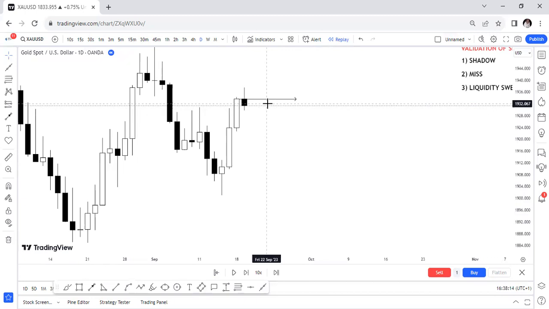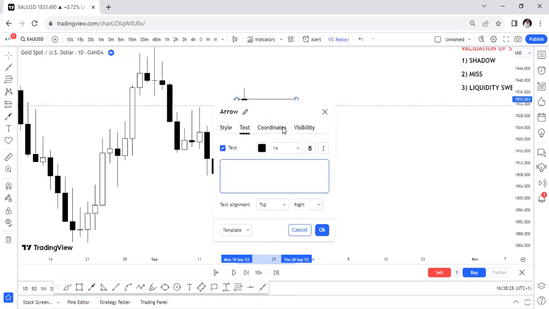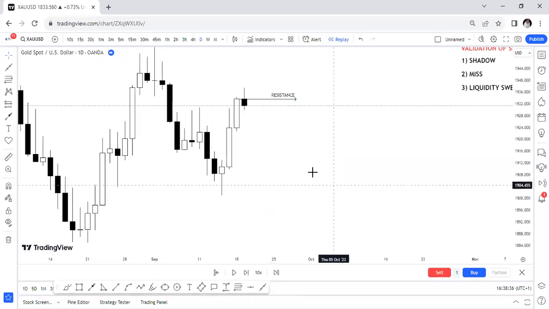We want to see a price rejection of that resistance. This is a resistance level, right? So we want to see a price rejection of this level.